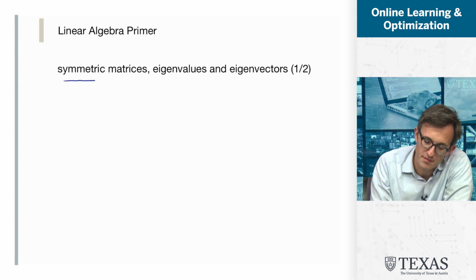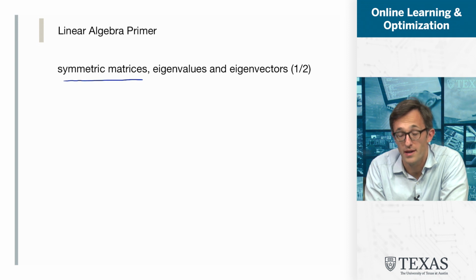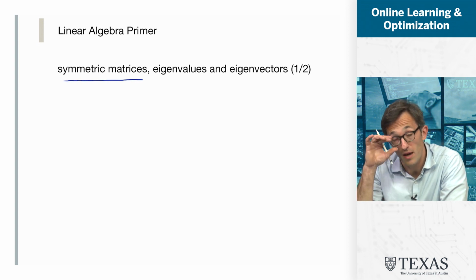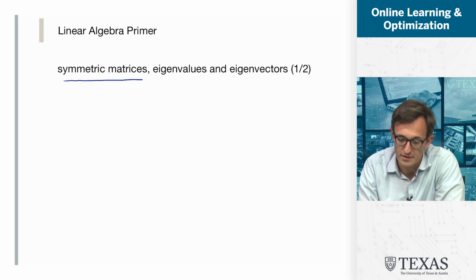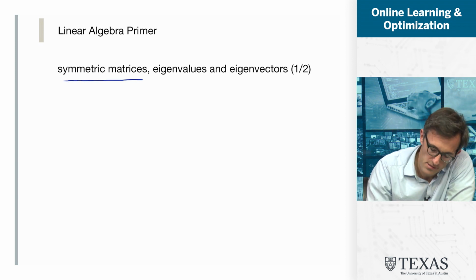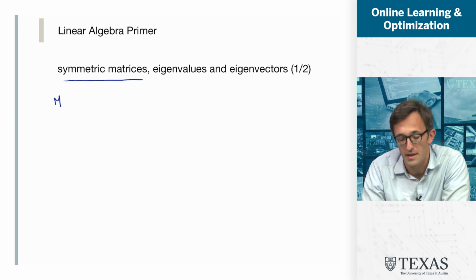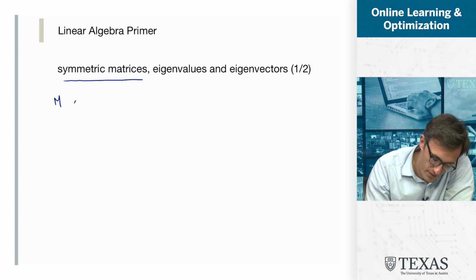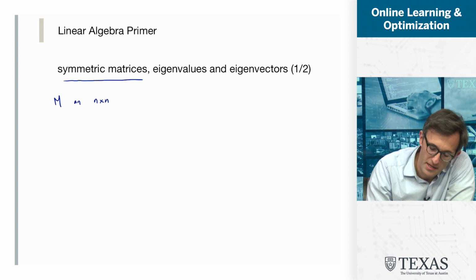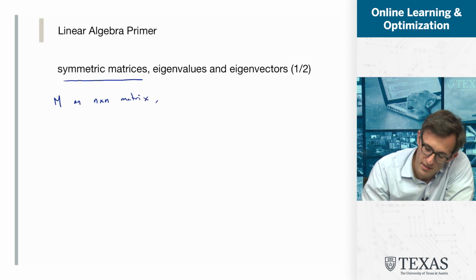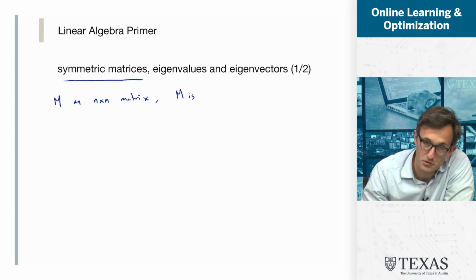Symmetric matrices play an important role in convex optimization, and it's something that we have to understand in careful detail. First of all, for a matrix M to be symmetric, it has to be square. So if M is an n by n matrix, then it's symmetric if it's equal to its transpose.